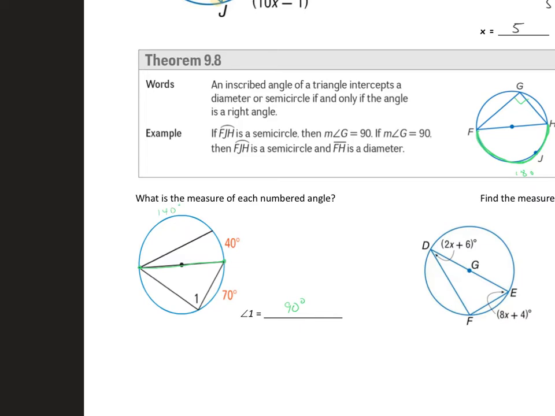Again, I have a semicircle going from here to here, and if I know that's 70, that means that this piece right here is 110 degrees. So I could say, okay, I have an arc that goes from here to here. That whole arc is 180, and I could just divide 180 by 2. You're still going to get 90 degrees.